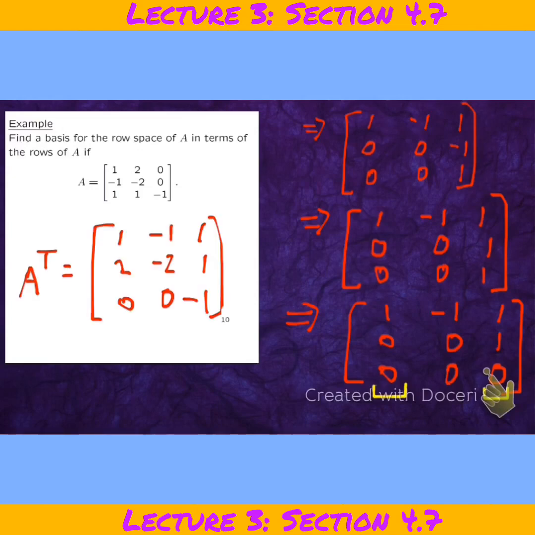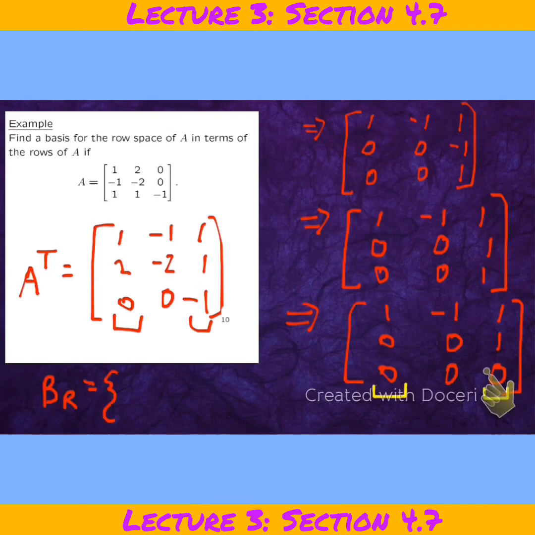There we've got our transpose, and we look at the columns that correspond to the ones with the leading ones. So it is going to be the first column, and it is going to be the last column. So therefore a basis for the row space becomes the following.